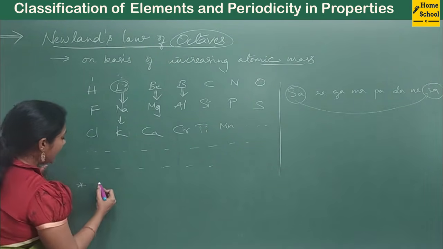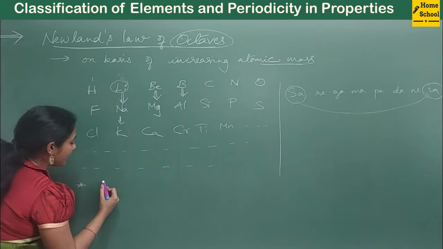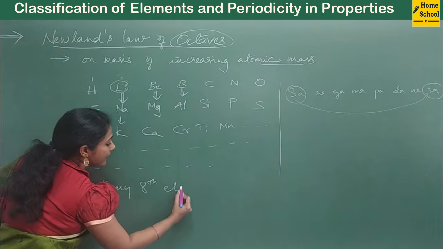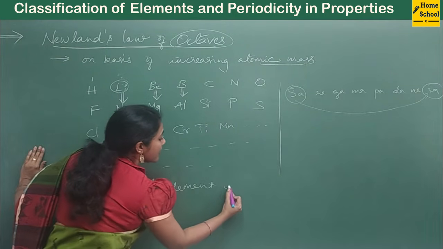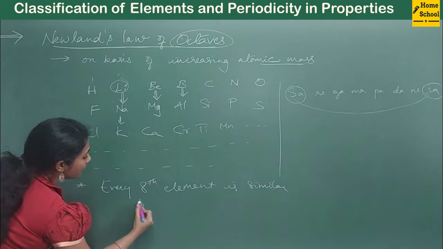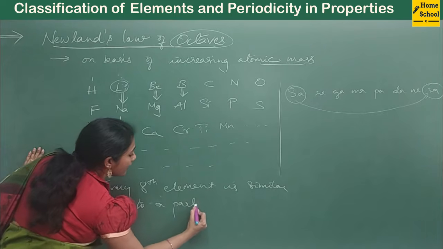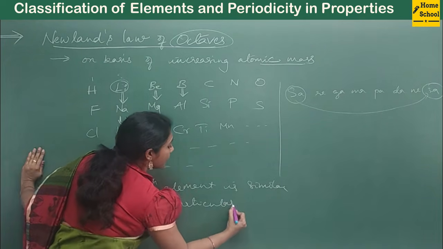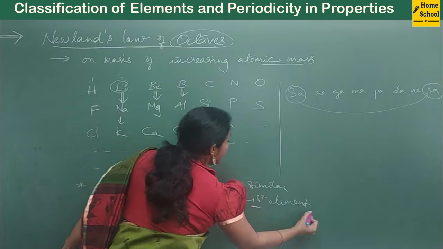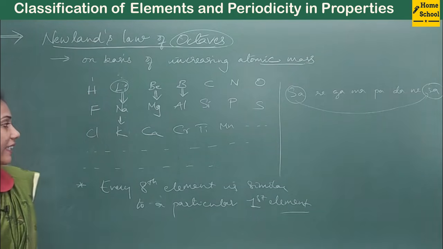So what I can write here, every eighth element is similar to a particular first element. Okay, so this is the main principle of Newlands' law of octaves.